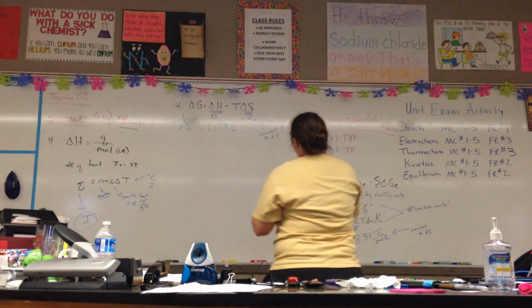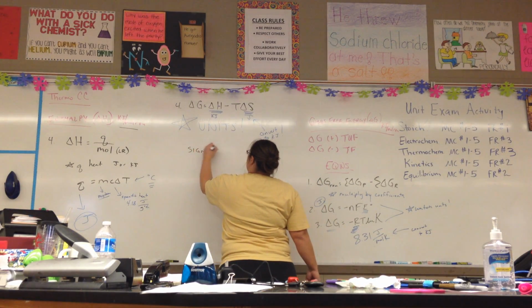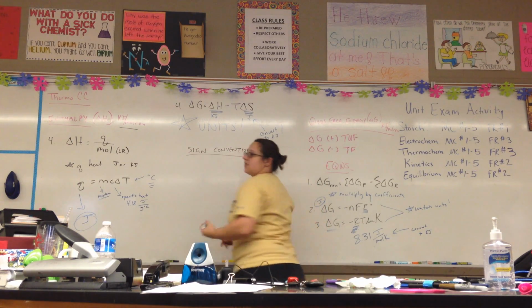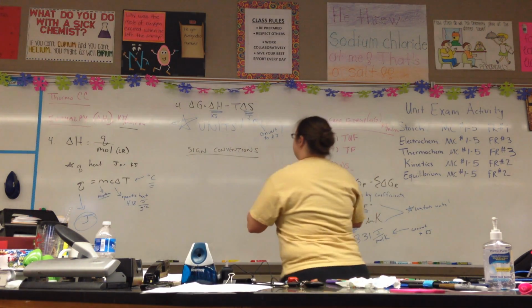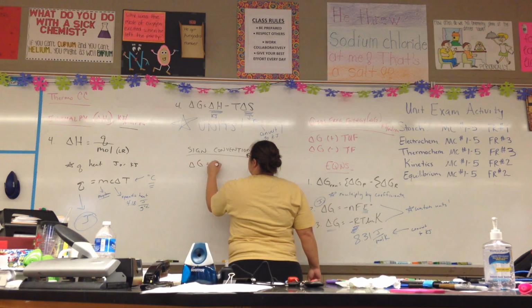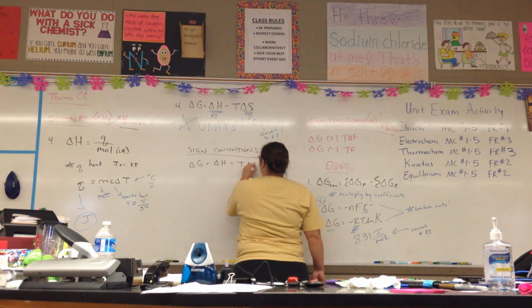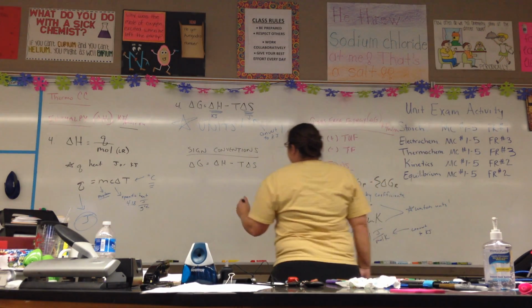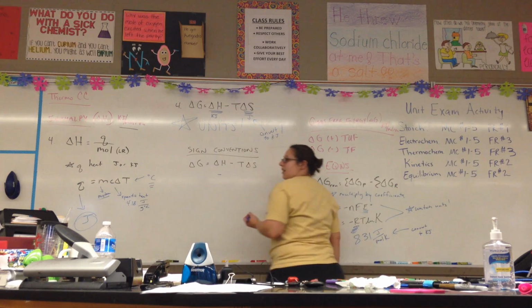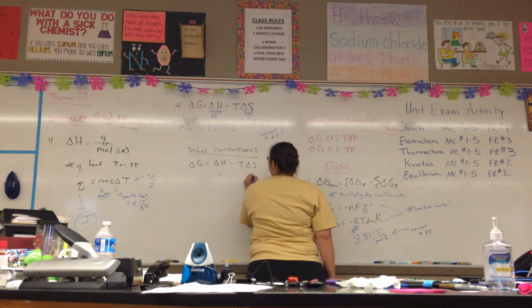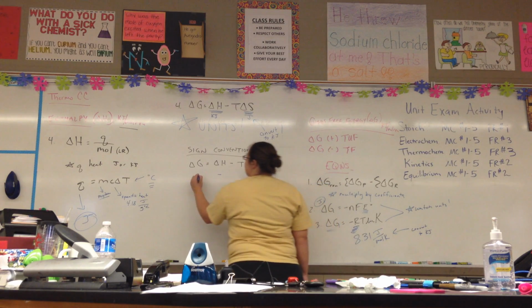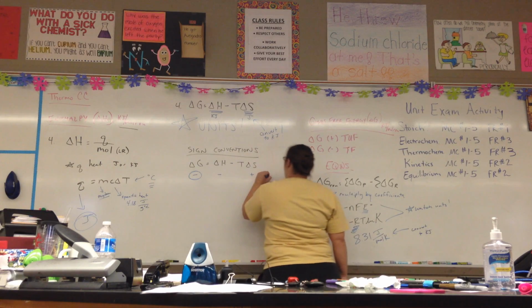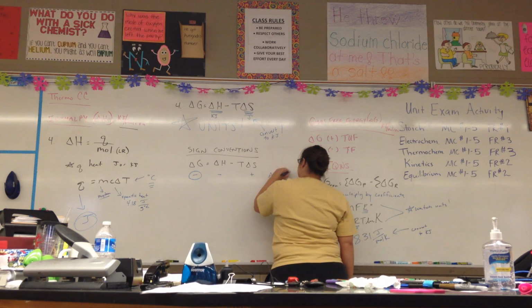So now let's look at sign conventions. Remember, sign conventions are huge, especially in multiple choice. And this all comes from delta G equals delta H minus T delta S. If your delta H is negative and your delta S is positive, then your delta G will be negative, thermodynamically favorable, always, no exceptions.